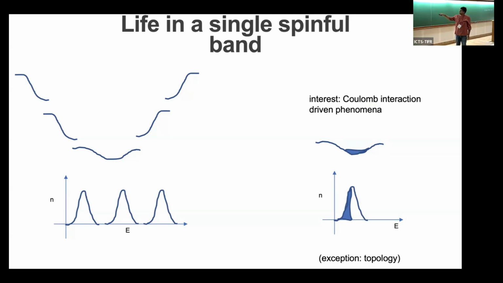And you can imagine what life is like in a single spinful subband, in the case of WSe2, where you can control the doping, and you can also control the bandwidth, as I'll explain in just a second. For almost everything, this kind of description is reasonable. Of course, if you're dealing with topological properties, then you have to worry about multiple bands. But in this talk, I'll not be discussing any topology.